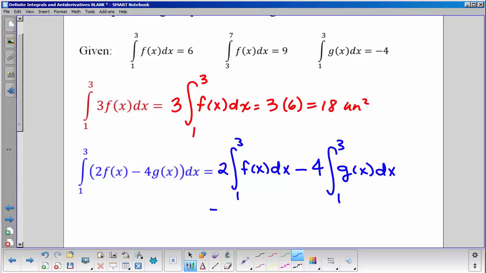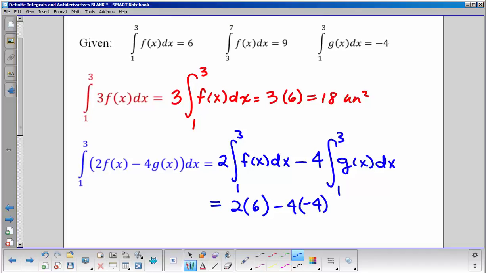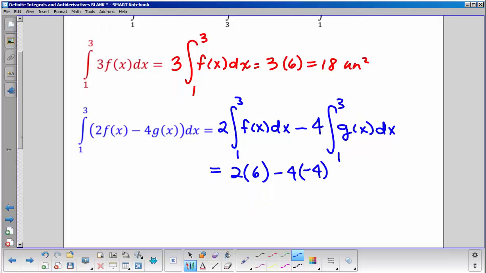Right, and they told us what these values were, so this is going to be 2 times, we said 6, right? 6 minus 4 times negative 4, so that's going to be 8 plus 16. I'm sorry, what? 12 plus 16.